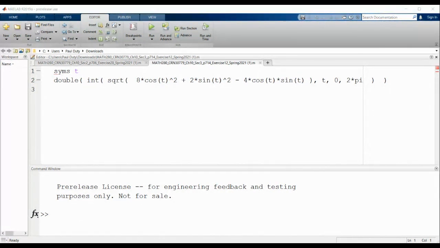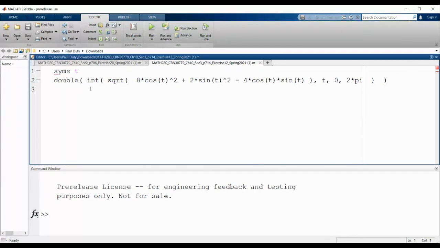So when you do integration in MATLAB, there's multiple ways, but here's the way I chose. I define my symbolic variable t, and then int stands for integrate. What are we integrating?